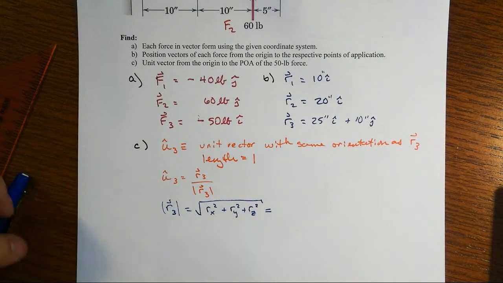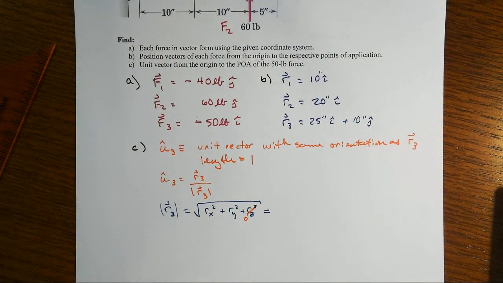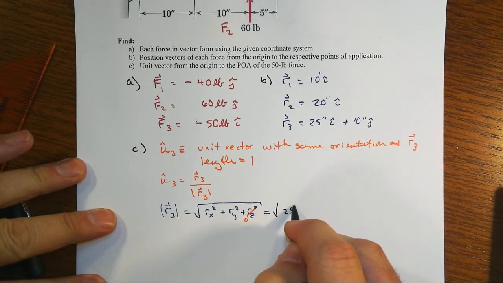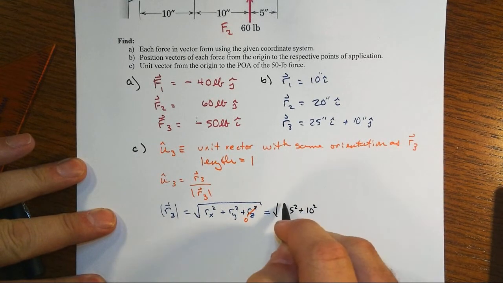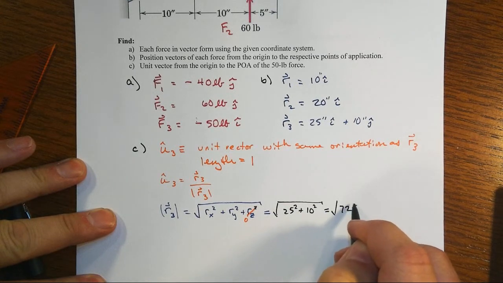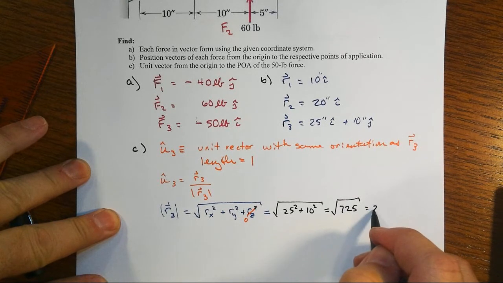That's how that would work in 3D. Really simple. And so let's just get rid of that because that's 0 in this case. And we come along then and square root of 25 squared plus 10 squared. That'll be the square root of 725, right? 625 plus 100.